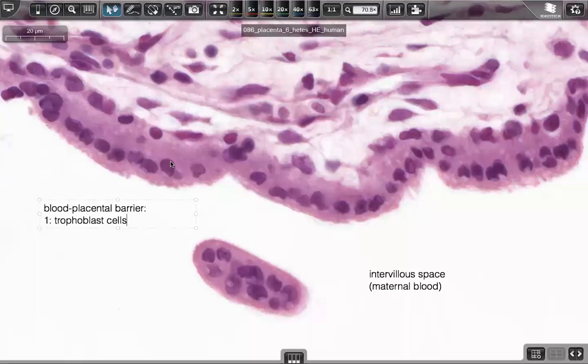So trophoblast cells. Then number 2, the second layer, is the lamina basalis of the trophoblast cells.